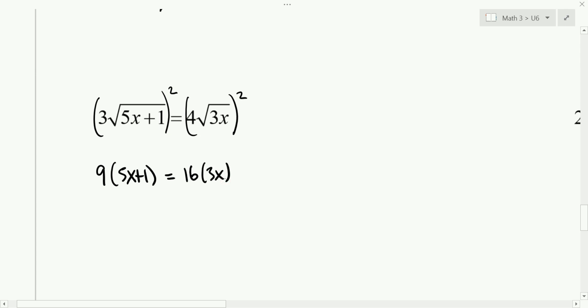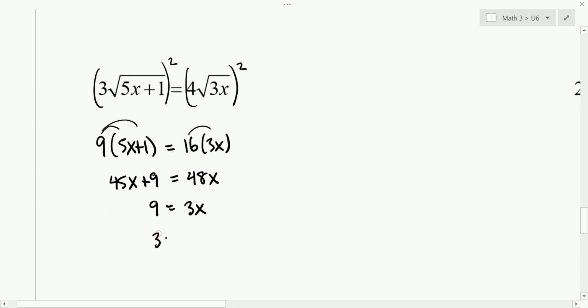And at that point, you want to distribute the 9 on the left-hand side and the 16 to the 3, okay? So you get 45x plus 9 equals 48x. Subtract 45x from both sides, and then divide by 3. We get x is 3, and so we just need to make sure that works out for us.